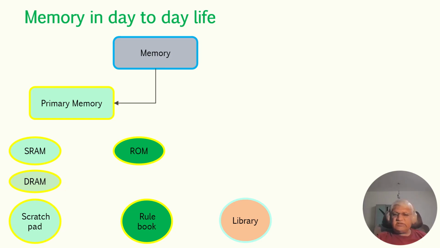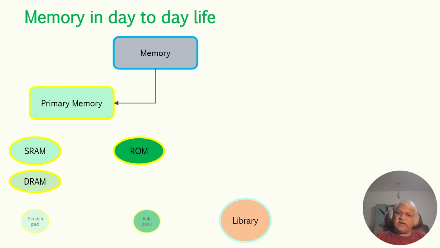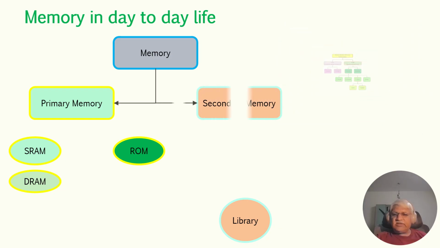Aside from these, let us investigate the secondary memory. The secondary memory will store a large amount of data, very similar to the data which exists in SRAM, DRAM or ROM. However, the time it takes to access will be long.